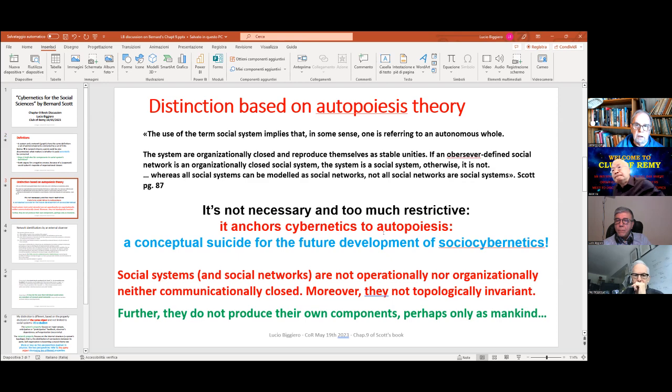Pask uses the term organizational closure to refer to the unities that are social, that are psychological individuals, and the processes that maintain them as autonomous wholes. And he does that as a point of respect towards Maturana, because Maturana prefers to use autopoiesis to refer to biological systems. So I'm not using that term.